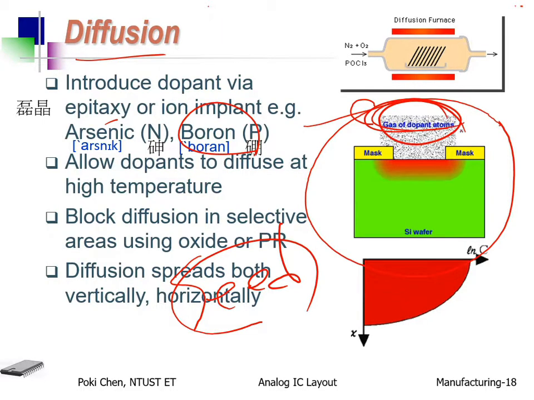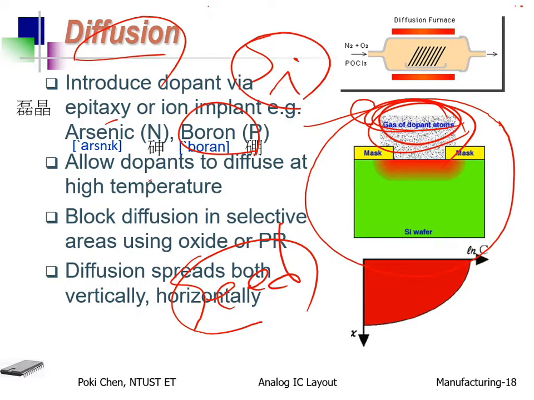And the fast enough atoms will collide with the atoms in the crystalline, then kick out some of them and take their position. That's it. That is the meaning of doping or diffusion. You need to kick out somebody, then replace it.